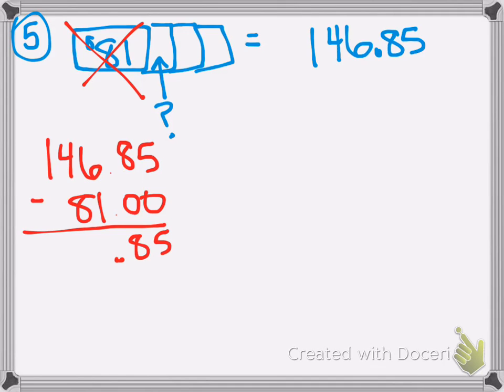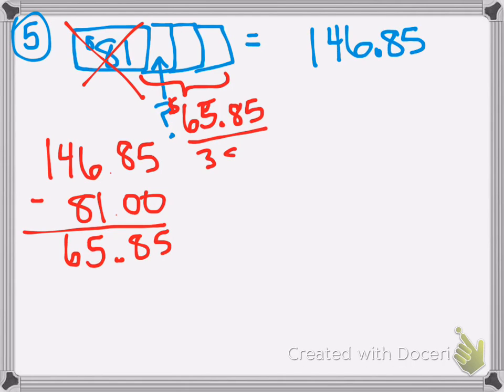That's 81. 6 minus 1 is 5 and 14 minus 8 is 6. So I'm left with $65.85 for 3 shirts. How do I figure out the price of one shirt? I divide it by 3.